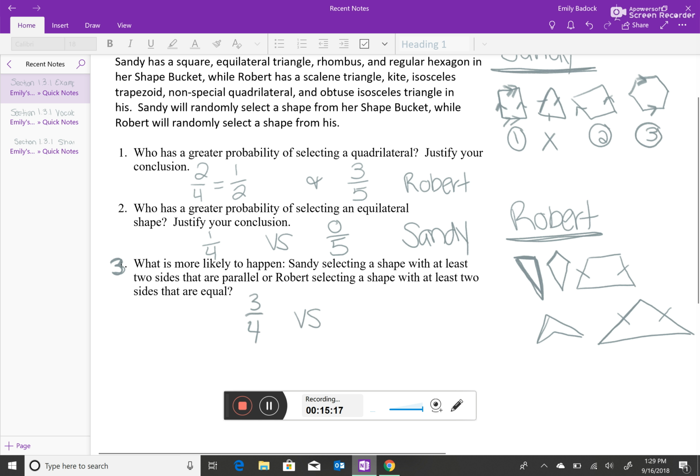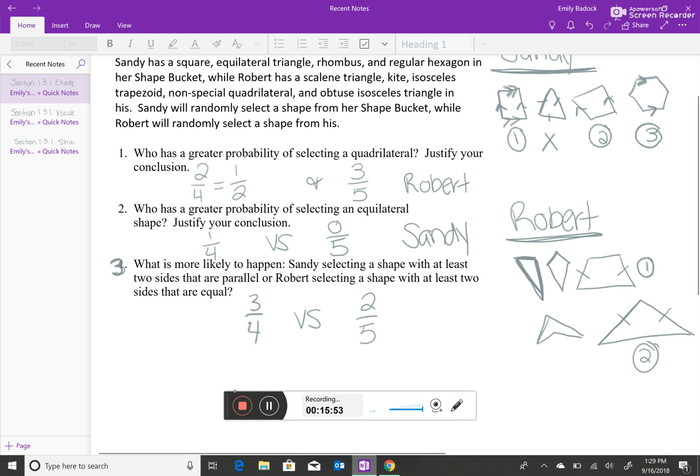Versus Robert, who needs to be selecting a shape that has at least two sides that are equal. Again, you have to be looking for that word isosceles. And the only ones that he had that stated that were his obtuse isosceles triangle and his isosceles trapezoid. So he's sitting at a 2 over 5. Oh no, I apologize.